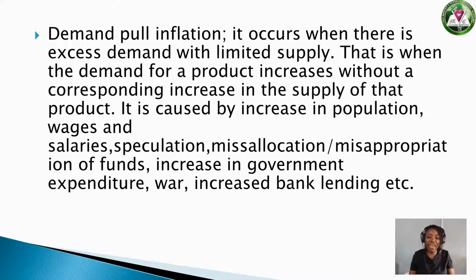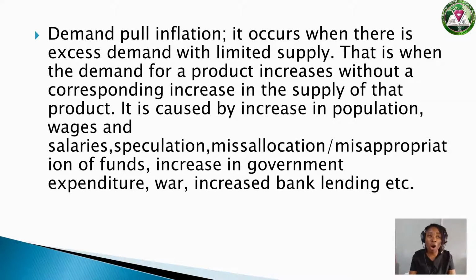Now we have increase in government expenditure. If government keeps spending more money, the money they realize from different sources of revenue, without matching it with the quantity of goods supplied, we are going to have demand pull inflation.